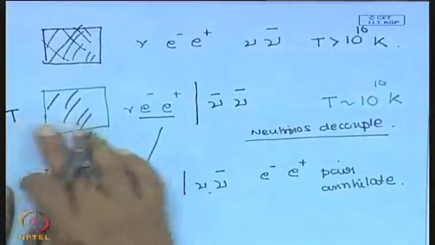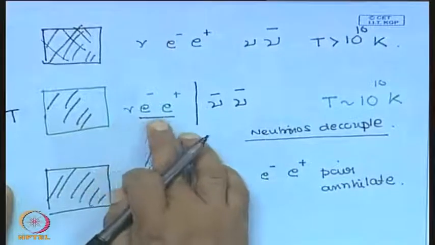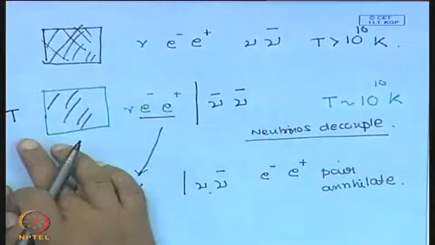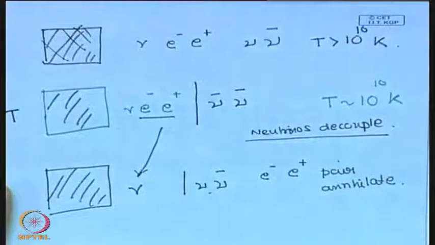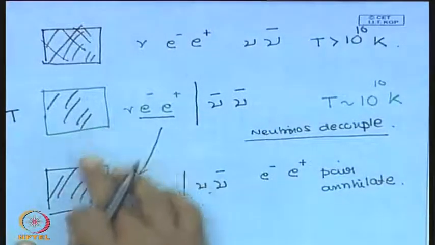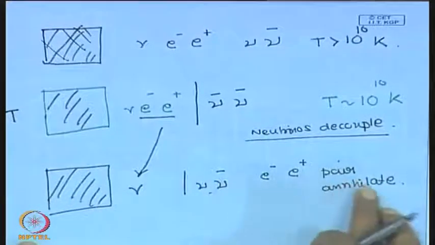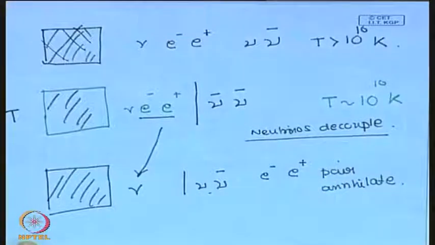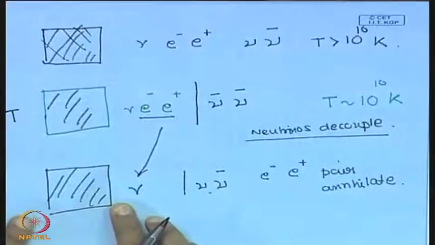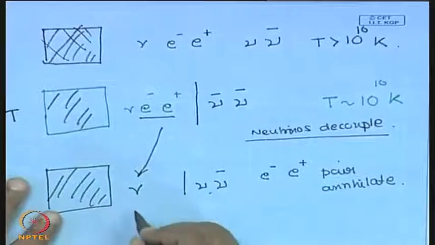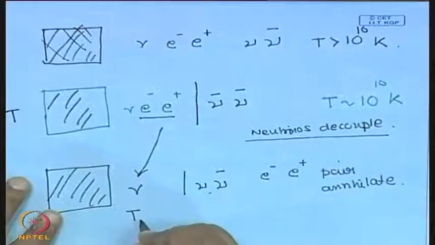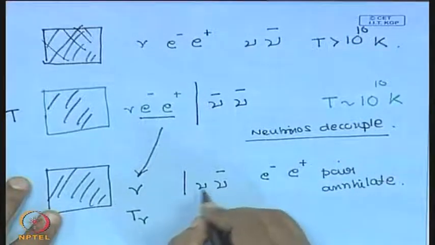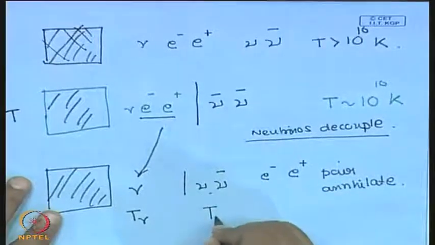So even here the photons, electron, positron and the neutrinos have the same temperature. Once you have the electron positron annihilation, the temperature of the photon will become different. So let us assume that the photons here have a temperature T gamma and the neutrinos have a temperature T nu.